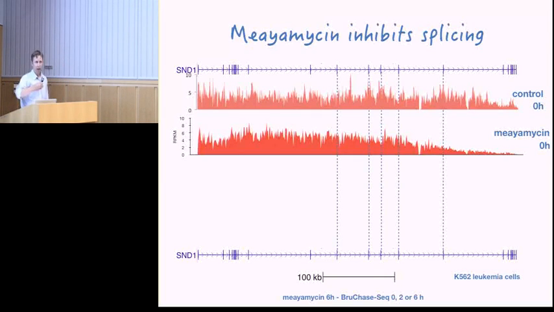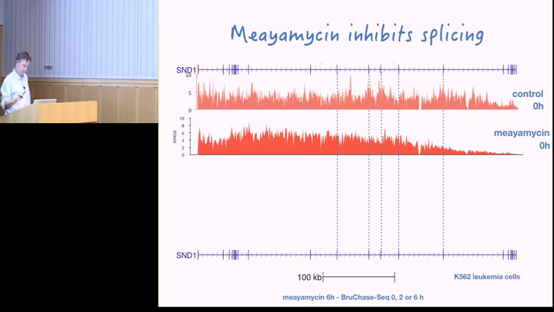We thought that in order for RNA polymerase to elongate down the genes and synthesize RNA, it needs to have things behind it spliced correctly. But obviously that's not the case. You get pretty much the same amount of transcription going on, even though splicing is inhibited. It's a little bit less of transcription reaching the end of the gene, perhaps.